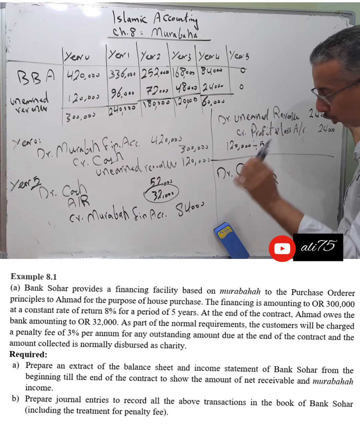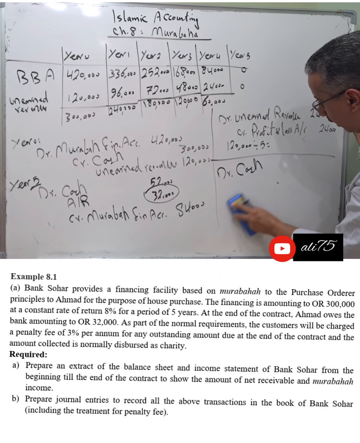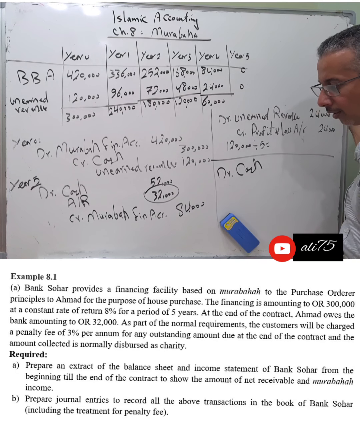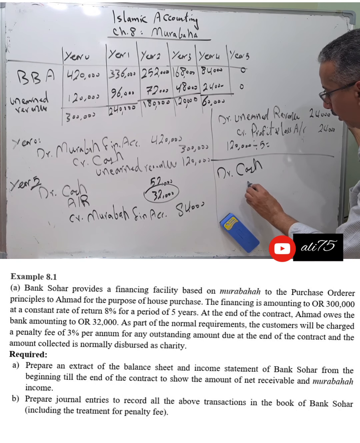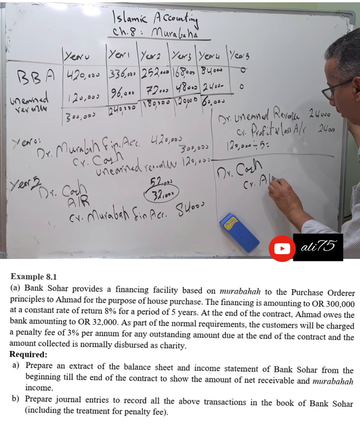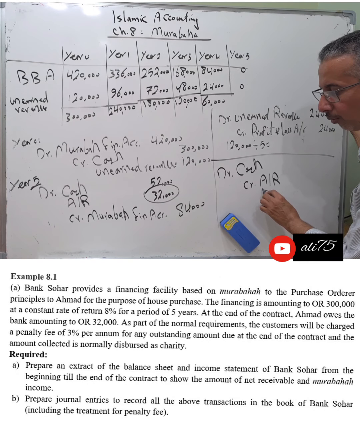I will make it in one journal entry, cash and penalty. Yes, cash we will collect both, credit account receivable, and as well we have to receive penalty.